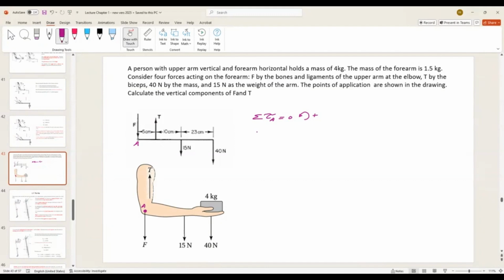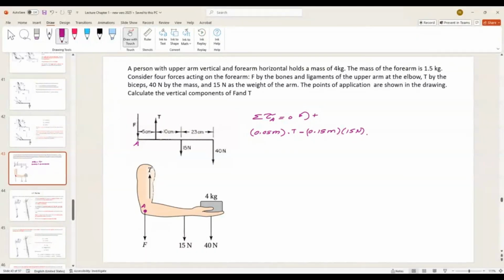So we say that the torque that is positive is the torque due to T and is 0.05 meters, which is 5 centimeters, times T. Now the torque due to the force of 15 newtons is negative because it's clockwise with respect to A. The distance from the force of 15 newtons to A is 15 centimeters. So we will say minus 15 centimeters, which is 0.15 meters, times the force of 15 newtons.